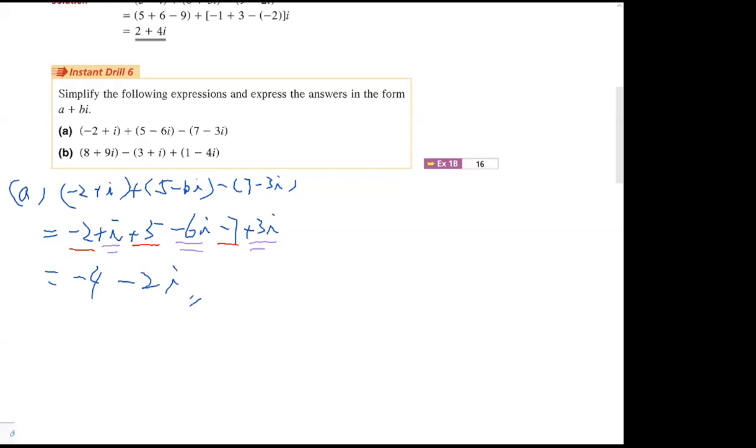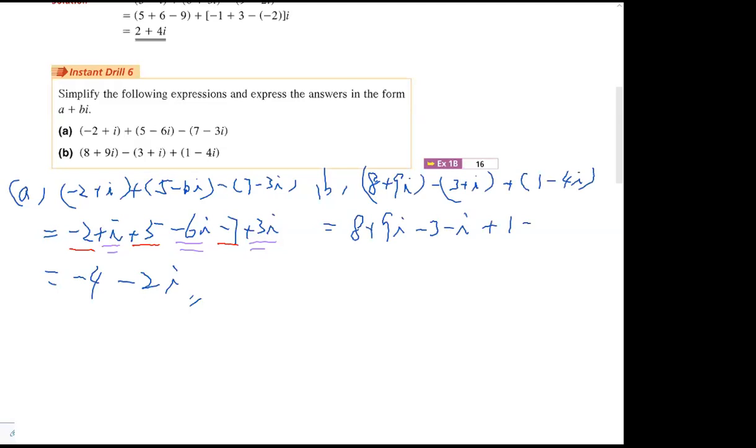So it is in the form of a plus bi, right? A plus bi. Okay, and then part B. So 8 plus 9i minus 3 plus i plus 1 minus 4i. Again, remove the bracket. First one is a positive bracket. Second one is negative bracket. So it's minus 3 minus i. And then positive bracket like this.